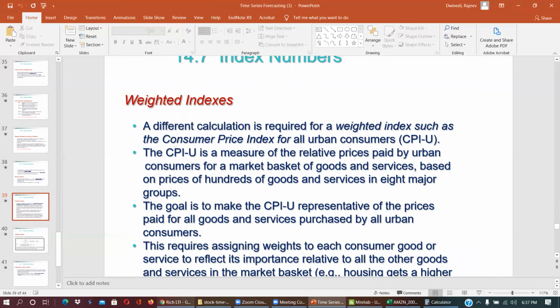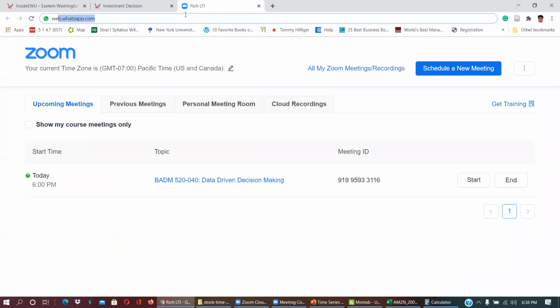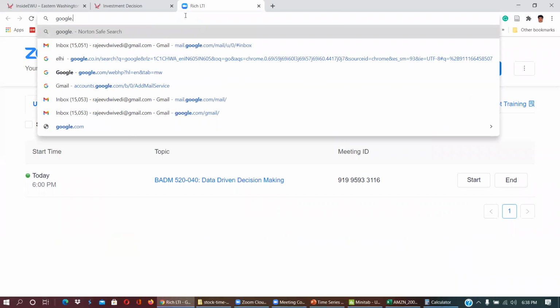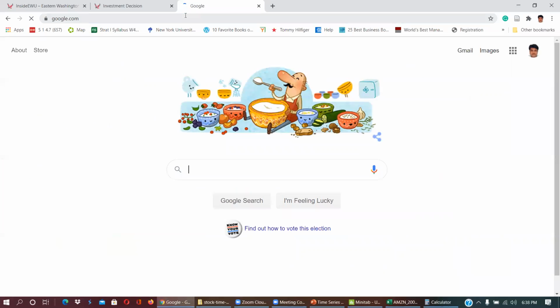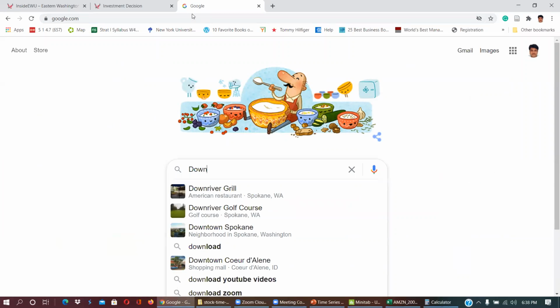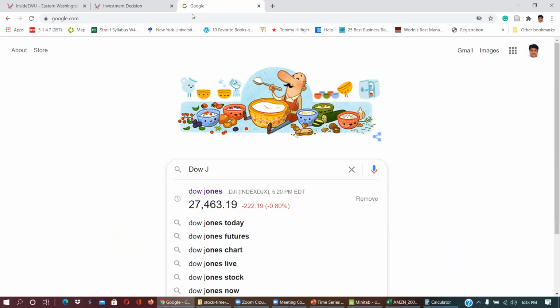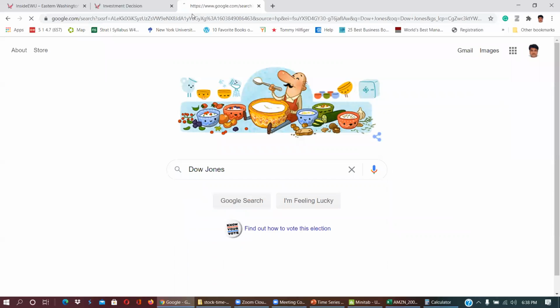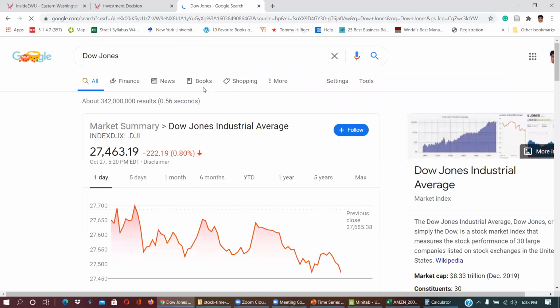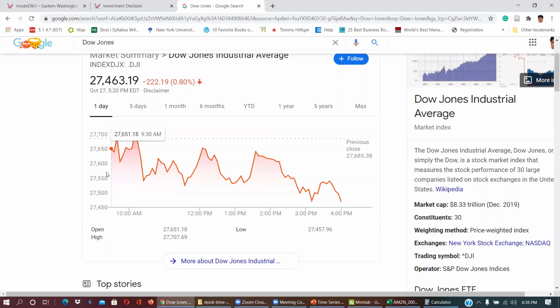So look into the Dow Jones index, it is right here. You can see 27,000. What is the value today?